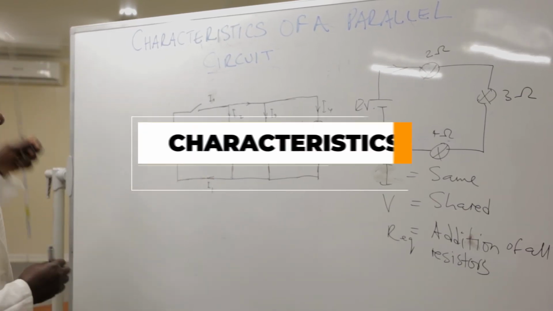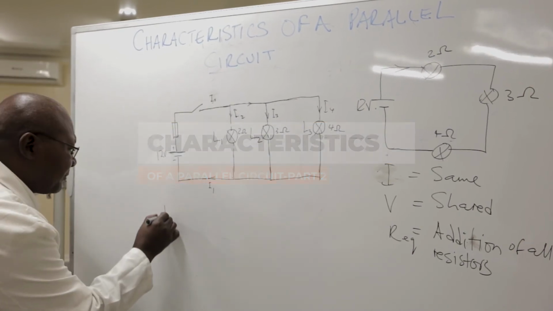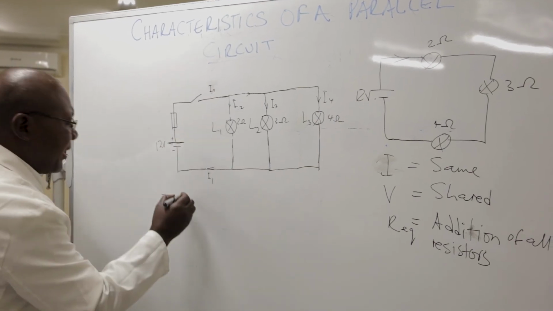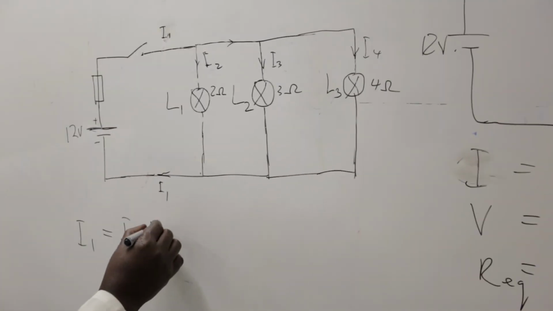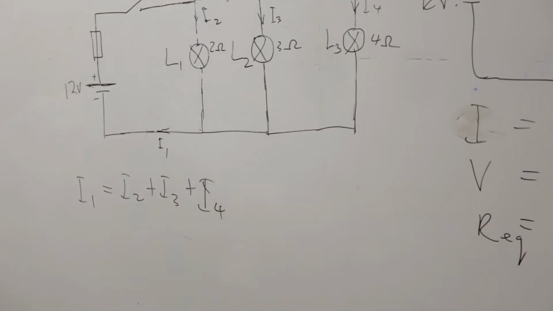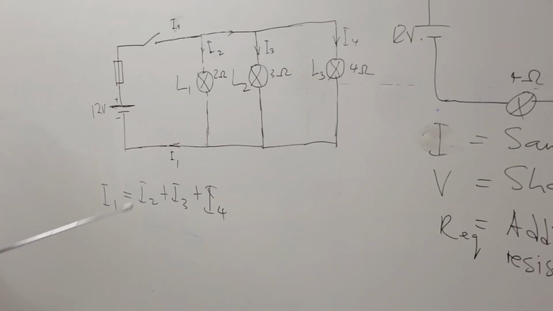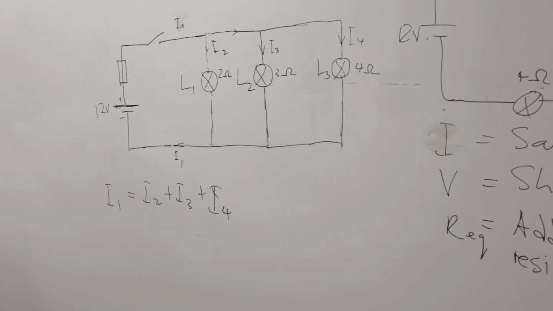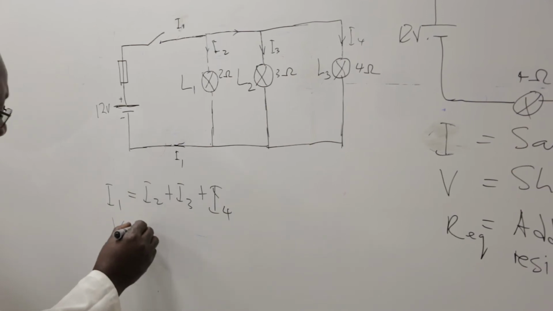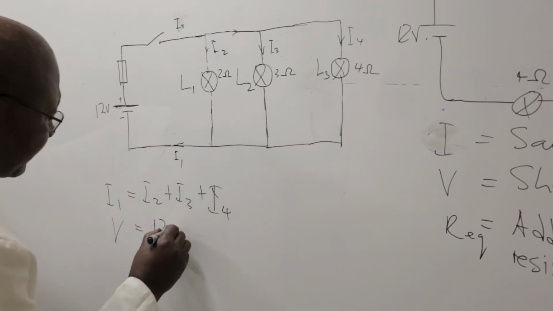Now, when we list, like we listed there, here I1 is equal to I2 plus I3 plus I4. So I1 should be equal to the addition of the current in each branch. The voltage in each branch is equal to the source voltage.